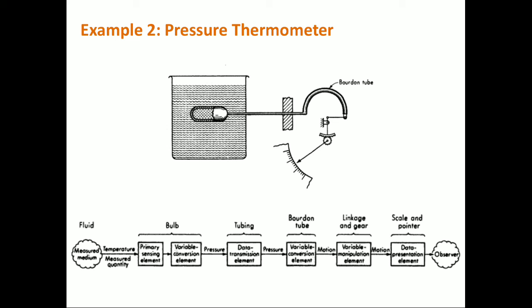Now comes a second example, a pressure thermometer. Here the working of this pressure thermometer is based on the Bourdon tube. Here you can find a C-shaped tube which is called the Bourdon tube. The peculiarity of the Bourdon tube is, when the pressure inside the tube, that means the pressure of the liquid, changes, it will produce an angular movement of the Bourdon tube.